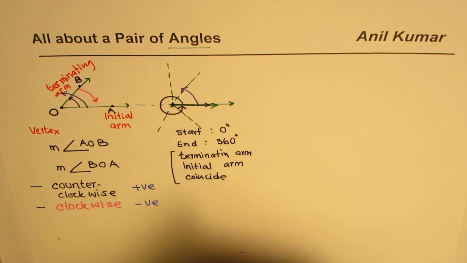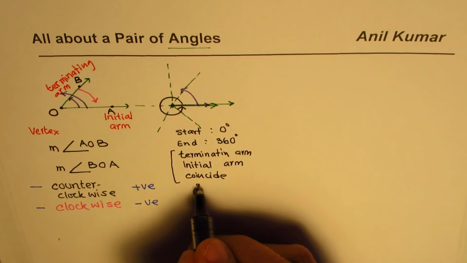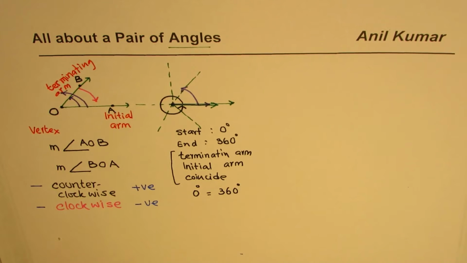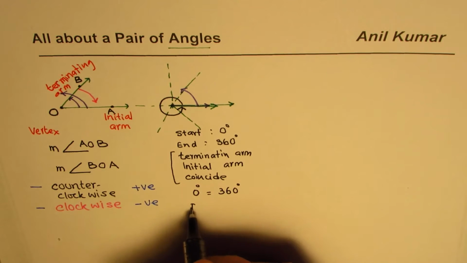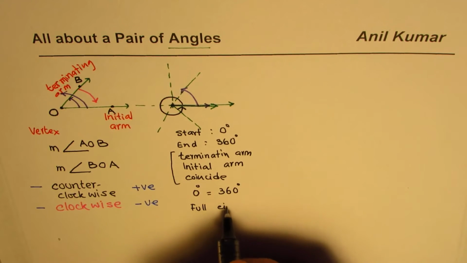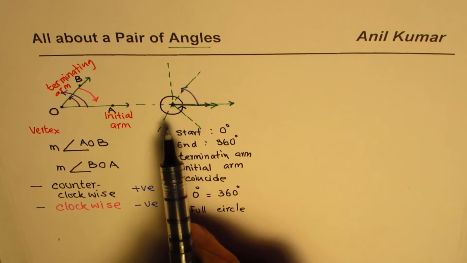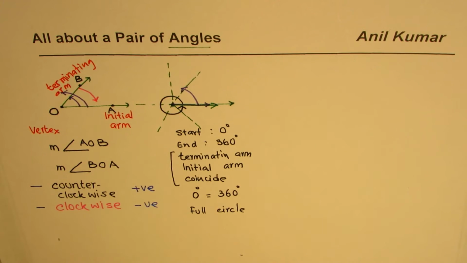So at this position, both arms coincide. So practically we say 0 degrees is also equal to 360 degrees in any angle. Okay, one full circle, and we also call this a full circle. So after a full circle, the angle will be again 0. So whenever we are doing the measurement of angle, normally it will be from 0 to 360 degrees, right?